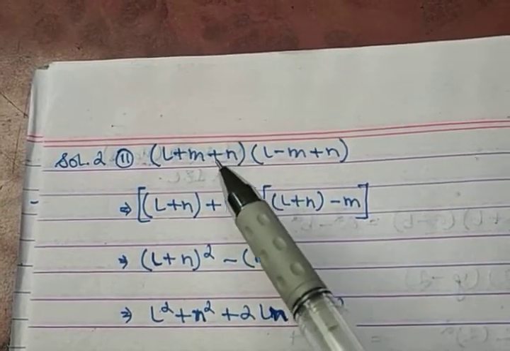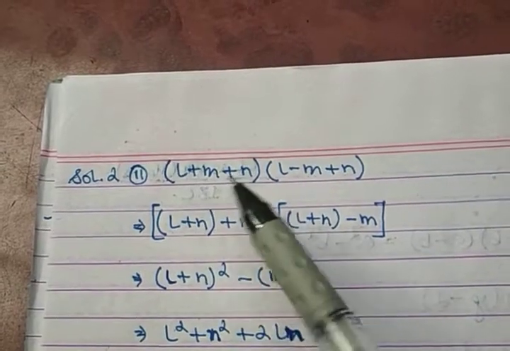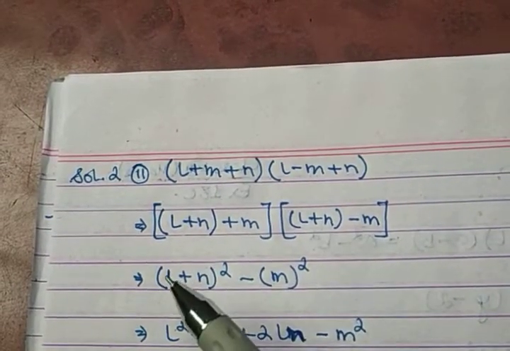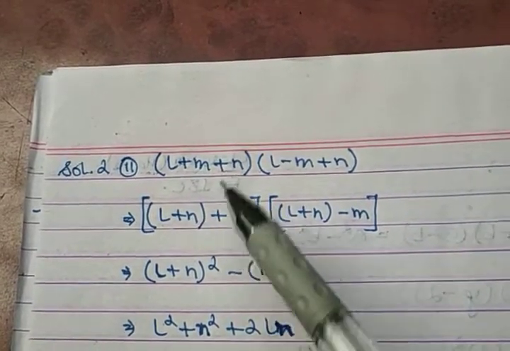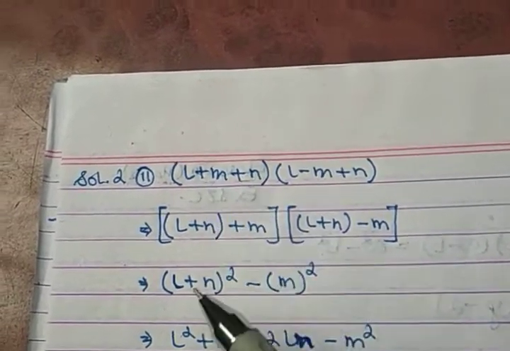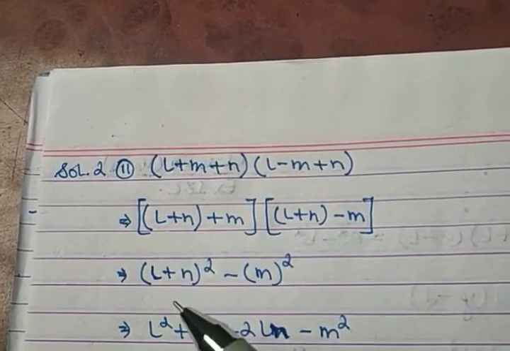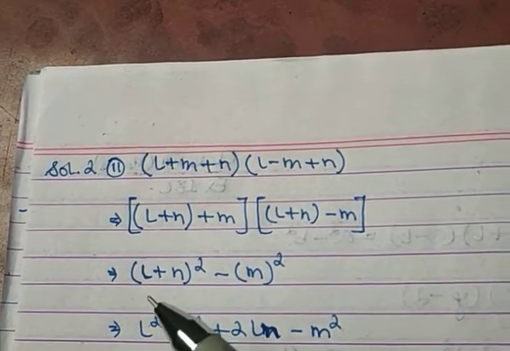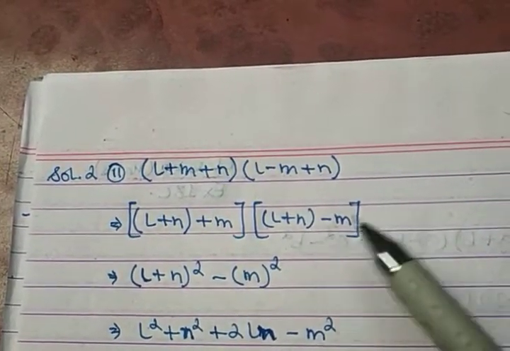But the sign of n is plus in both the terms. So what you can do is simply change the place of n. So l plus n plus m. Nothing has changed from here to here. It has just switched its place, isn't it? In case of addition as well, switching places doesn't change the result, isn't it? So that is why, l plus n plus m, l plus n minus m.